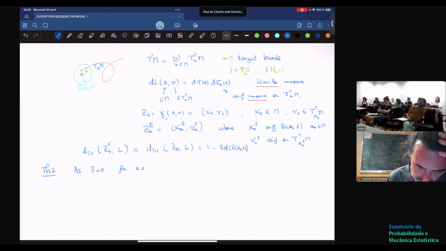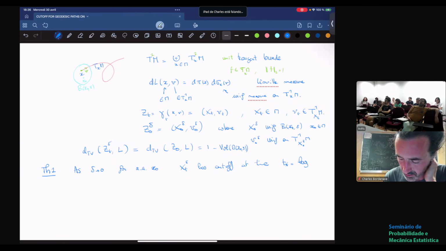For almost all x0, we cannot prove that our result is true for all starting points, but almost all is fine. So you take a ball around x0, and for almost all x0, X_t^delta has cutoff at time t star, which is log of 1 over delta divided by d minus 1. Okay, so this is our first result.